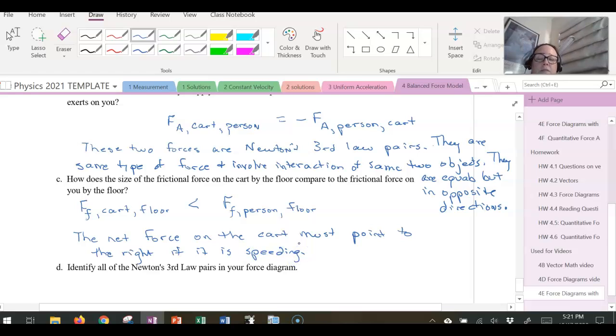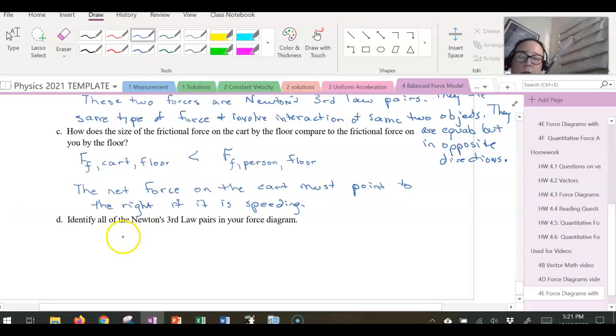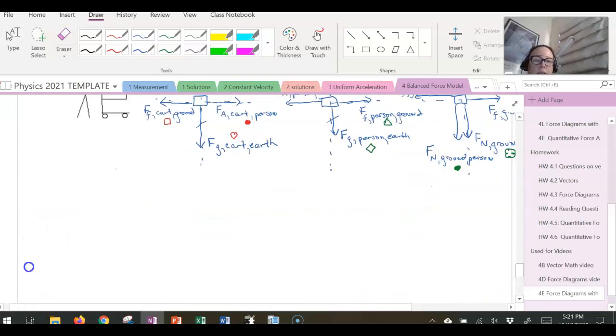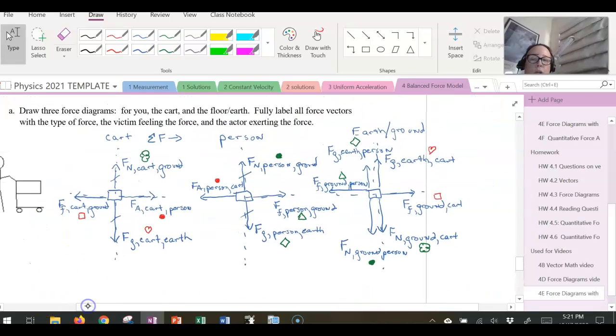And then it says identify all of the Newton's third law pairs. Well, they are the 7 pairs of forces identified above. Now I'll just go back up to look at that diagram. So notice that these pairs of forces, in order to see them, you always have to look at 2 different force diagrams.